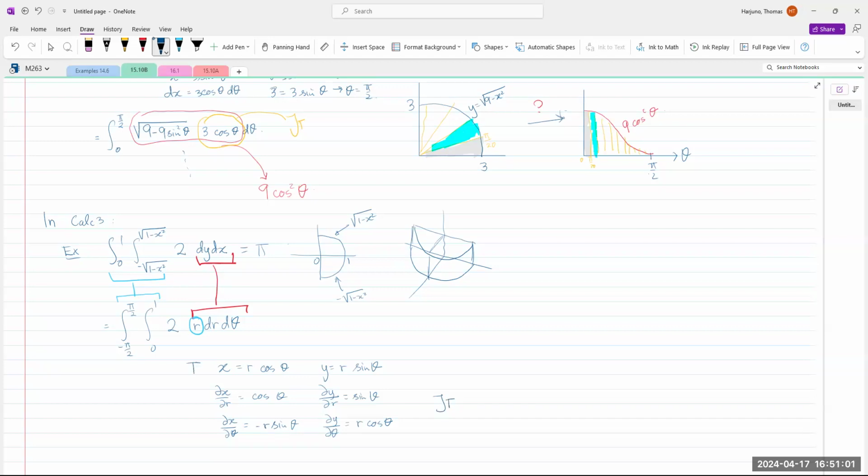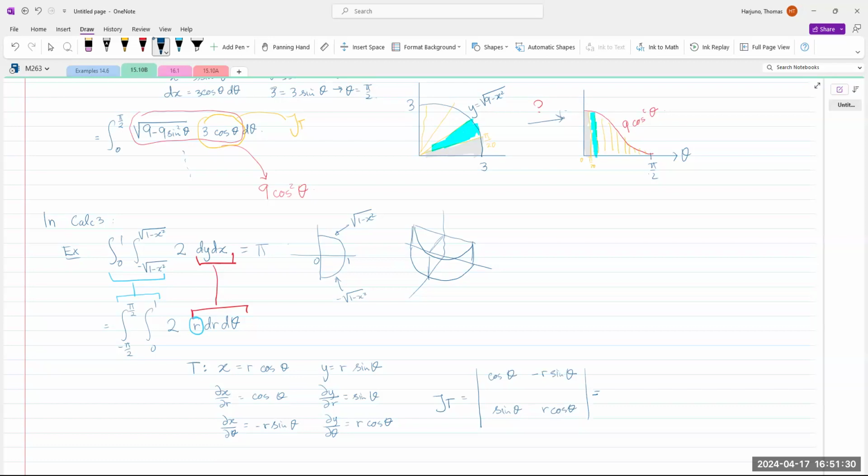Now take a look at the Jacobian. This is a transformation T, where the xy coordinate system is ugly, and then r theta becomes nice. The Jacobian will be the determinant of cosine theta, negative r sine theta, sine theta, r cosine theta.